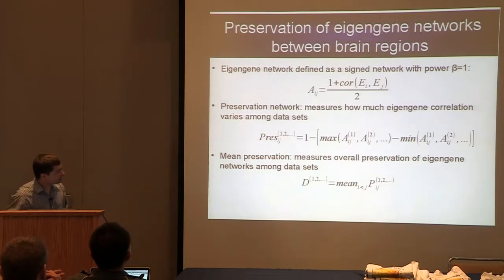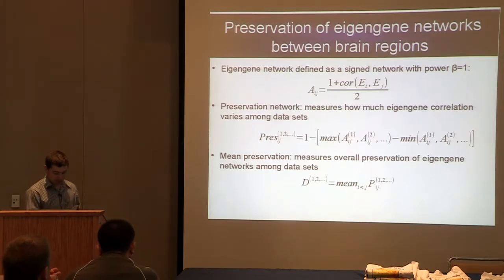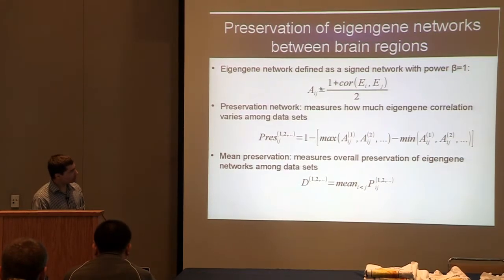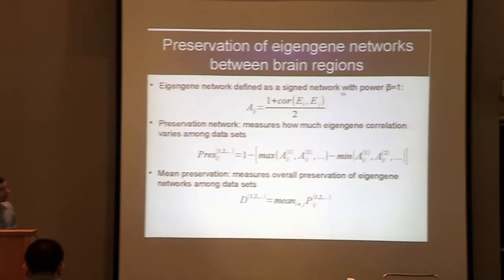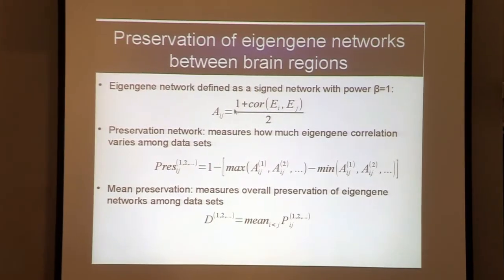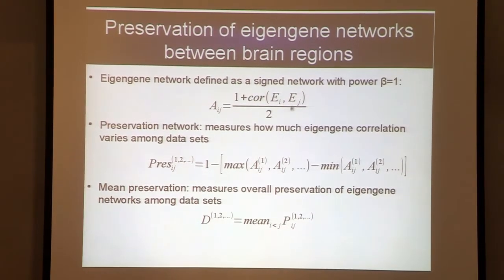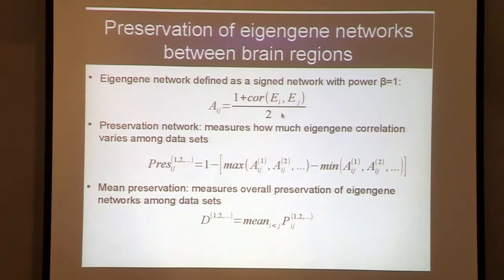So I'll give you a little bit of math, but if you're too tired after lunch, you don't have to worry about it too much. So the eigengene network is simply defined as a signed network with power beta equal 1. So the adjacency is simply (1 plus the correlation of eigengene i and eigengene j) divided by 2. And then you can define a preservation network. Preservation network measures how much the eigengene correlation is preserved or varies among the data sets.